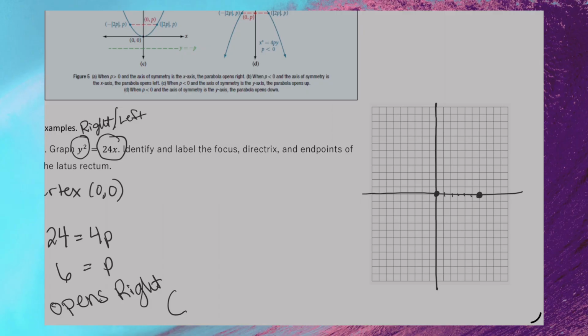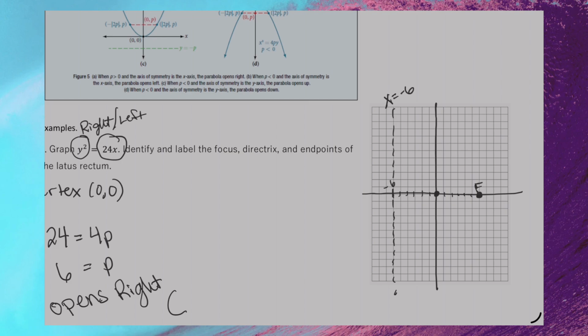And since it's going to curve to the right, this will be my focus point. I'm going to go back to my vertex and go the other direction: 1, 2, 3, 4, 5, 6. This, being at -6 now, is the directrix line, and it is a vertical line, x equals -6.